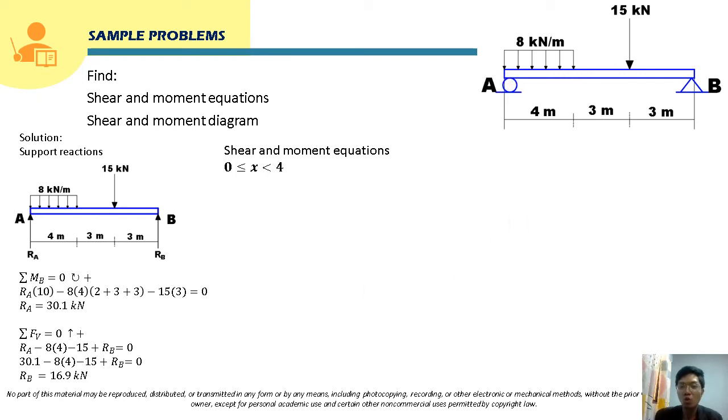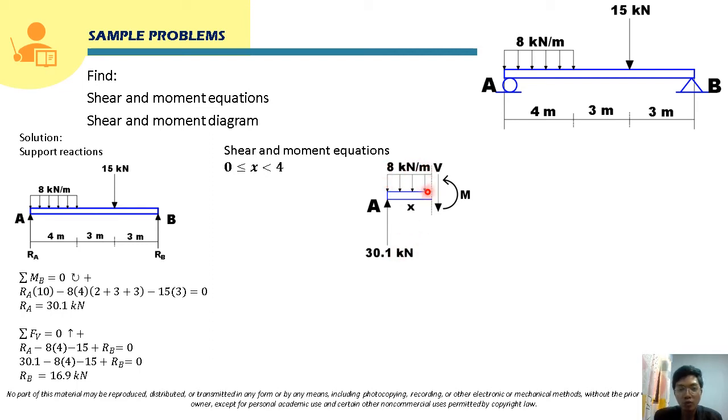So we are going to cut that segment. So any section here, within the span of the first segment, we are going to cut. So this will be the free body diagram, class. So at the cut section, the distance from the left is x. And then of course we are going to include this reaction at A, which is 30.1 kilonewton, and also the distributed loading.